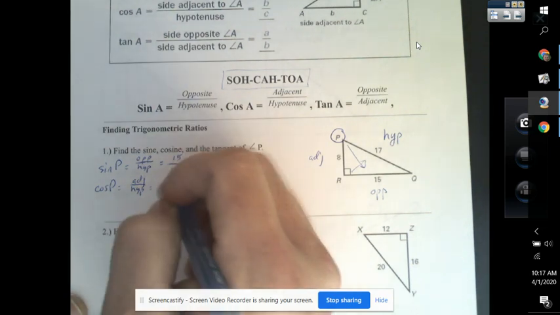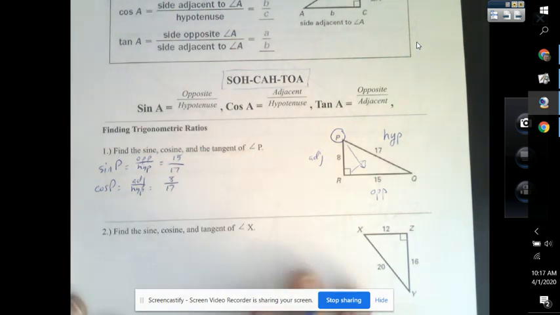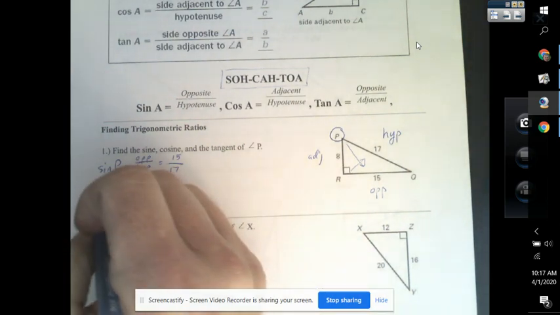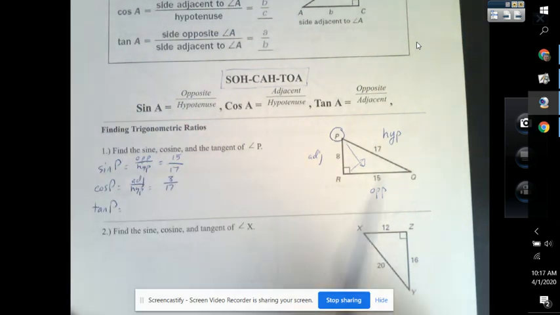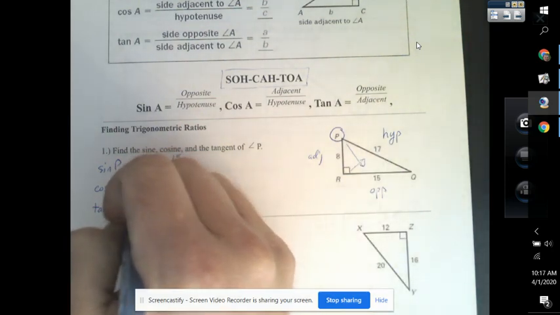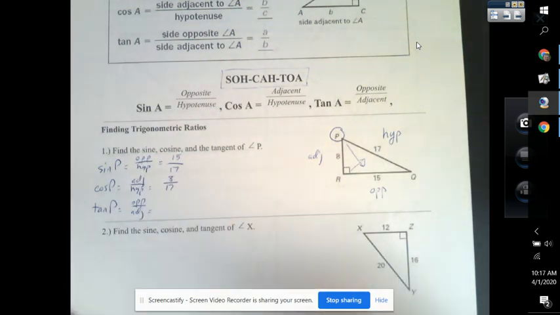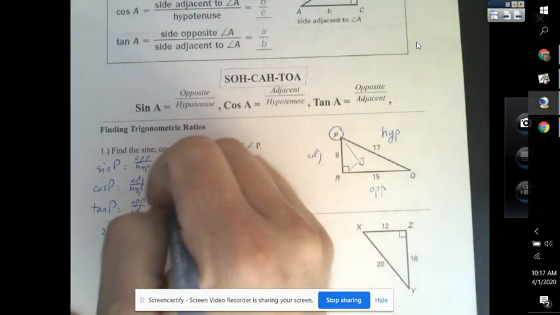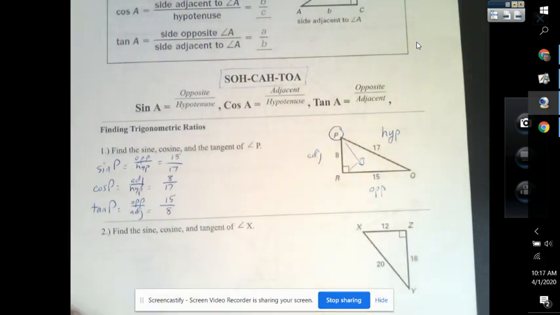Cool. 8 over 17. Done. That's it. Finally, tangent of P. We're looking up here, opposite over adjacent. We look at what we labeled. Opposite is 15. Adjacent is 8. Done. Great job. That's all there is to it.